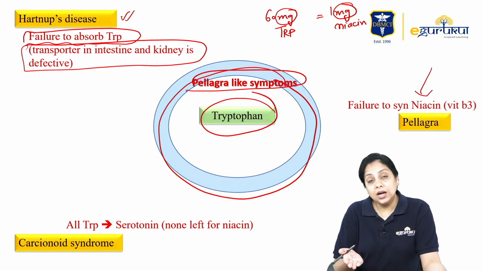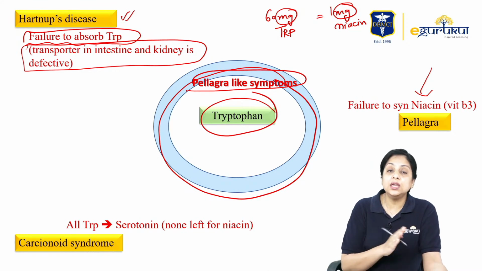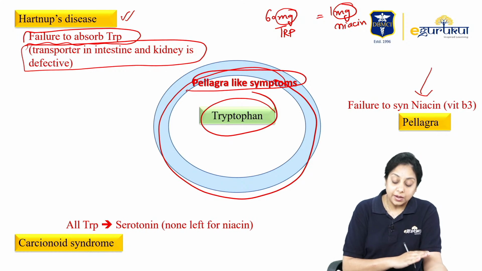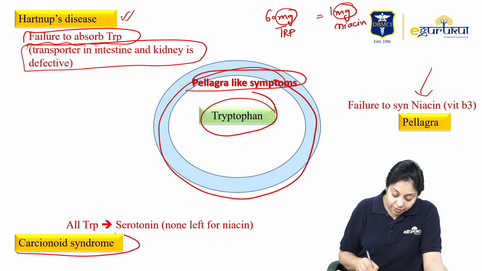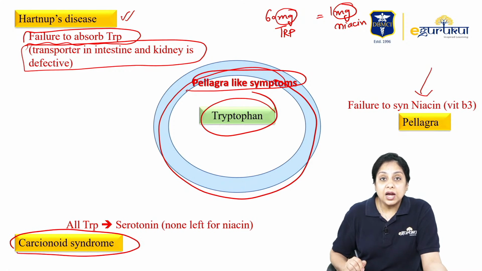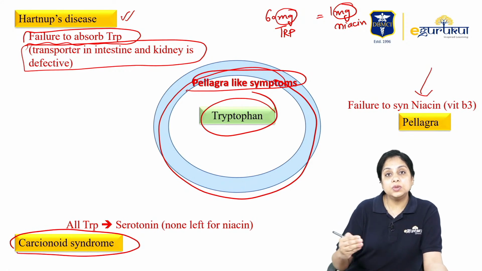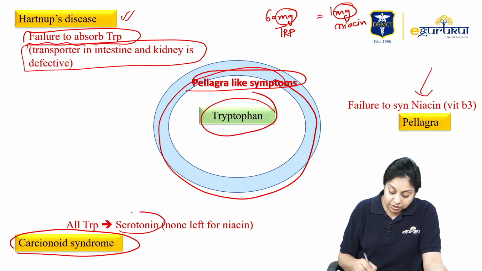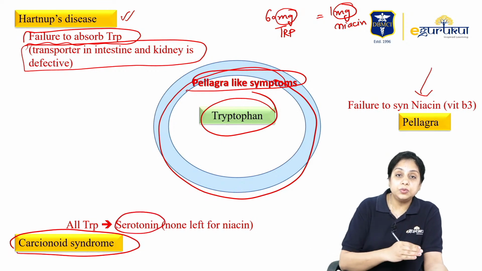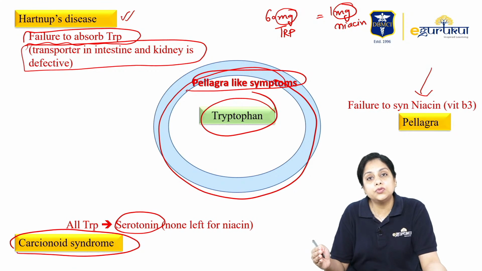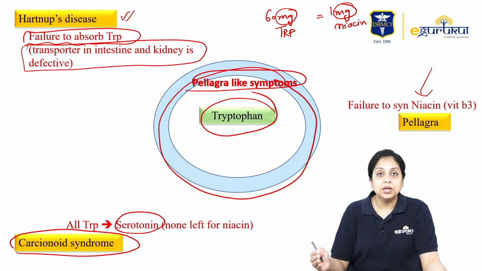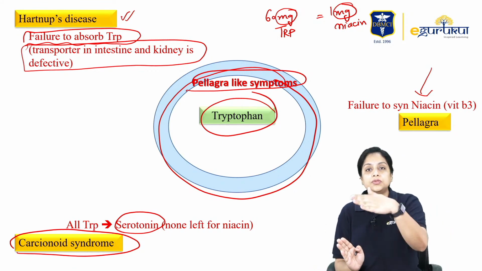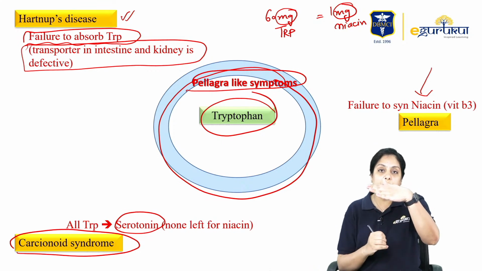So other than the Pellagra kind of symptoms, you will see other symptoms as well. And then there is carcinoid syndrome also. In carcinoid syndrome, what is happening? The tumor cells are growing at a fast rate. They need lots of serotonin. So all the tryptophan will be rerouted towards the formation of serotonin. Tryptophan either forms serotonin or forms niacin.